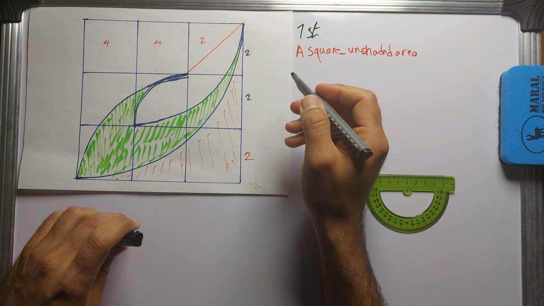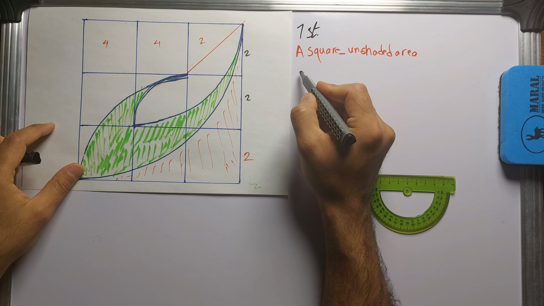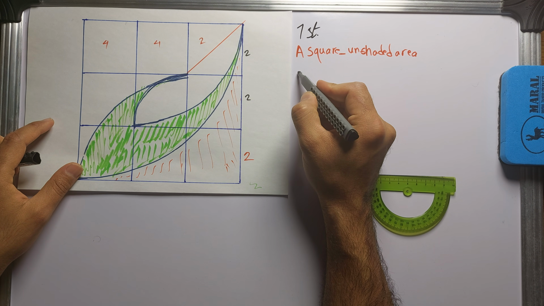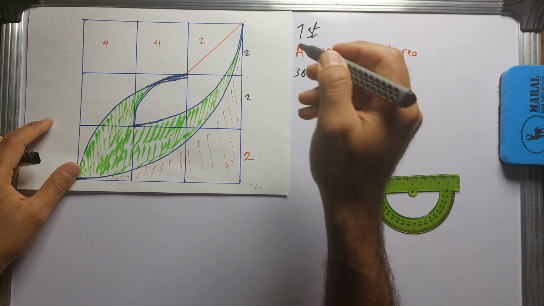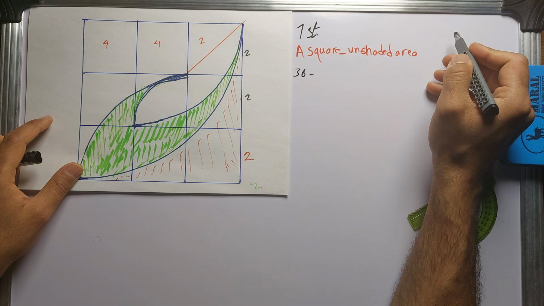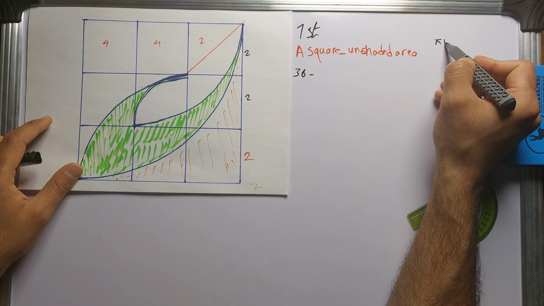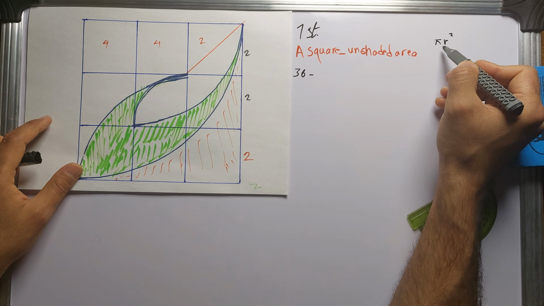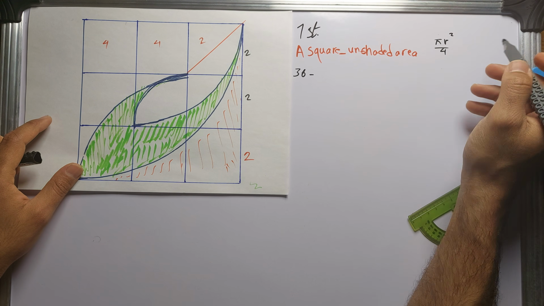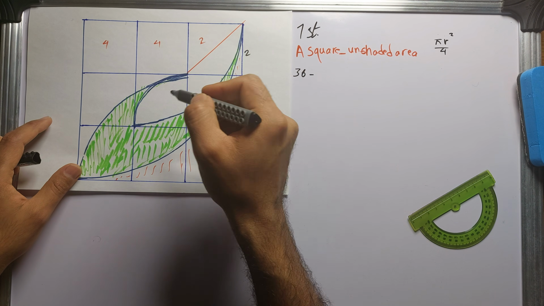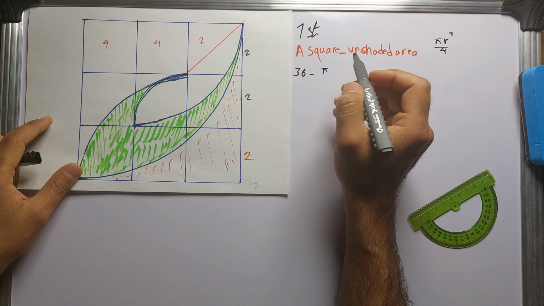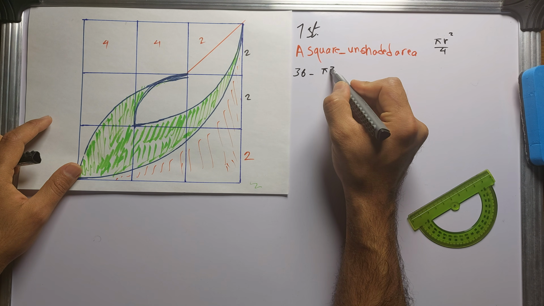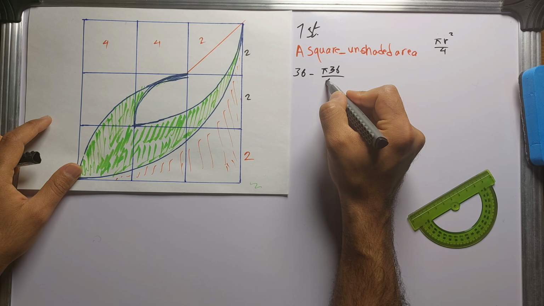The area of this red part is the area of a square, 6 times 6, 36, minus the area of this quarter circle. The formula for the area of a quarter circle is pi r squared over 4. So 36 minus pi r squared, which is 6 squared, 36, over 4, which is 9.